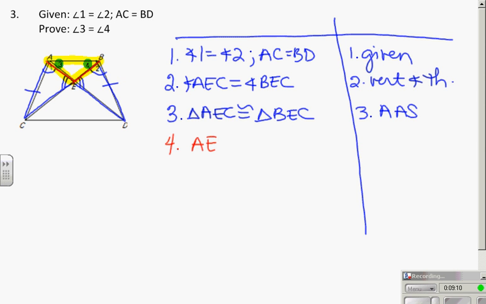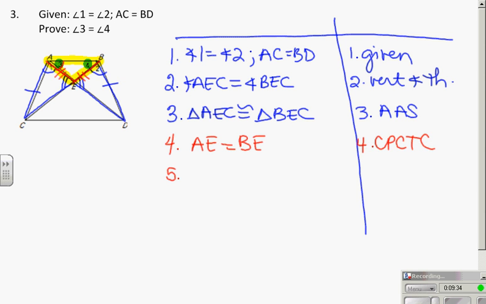This side right here and this side right here. So I know I can say that AE is equal to BE by CPCTC.